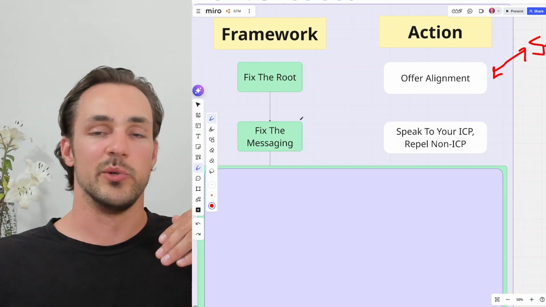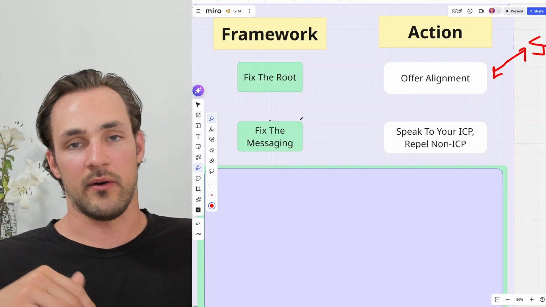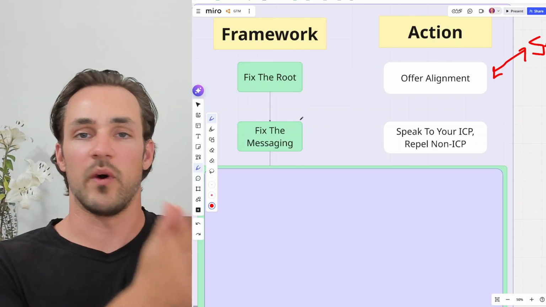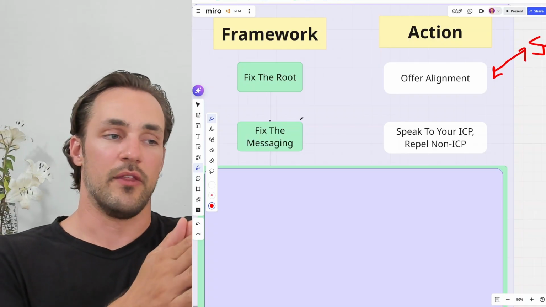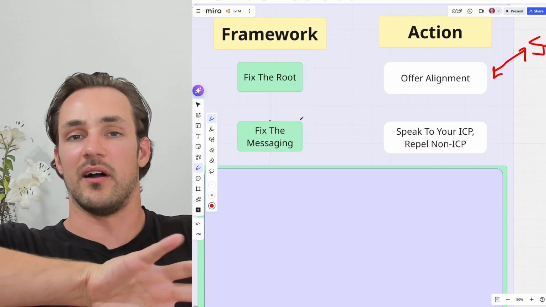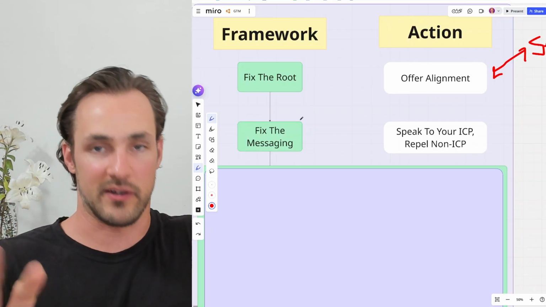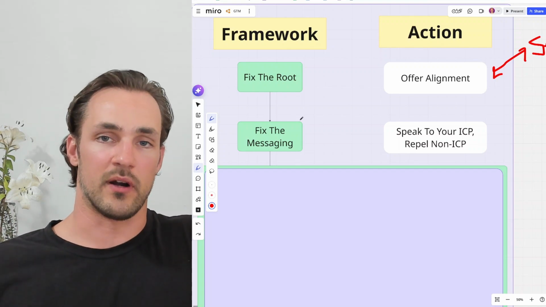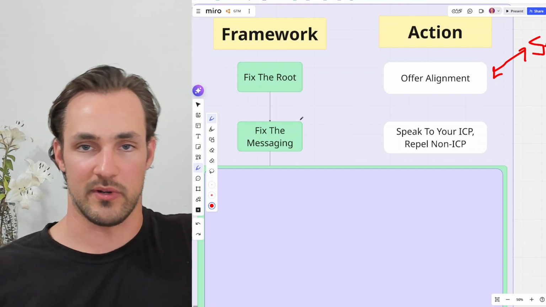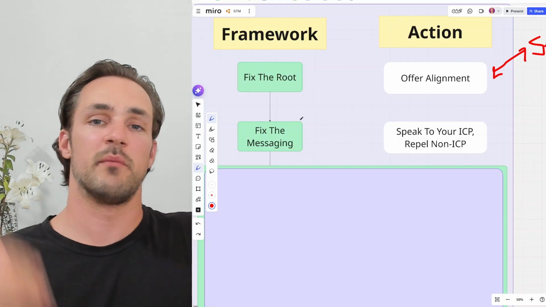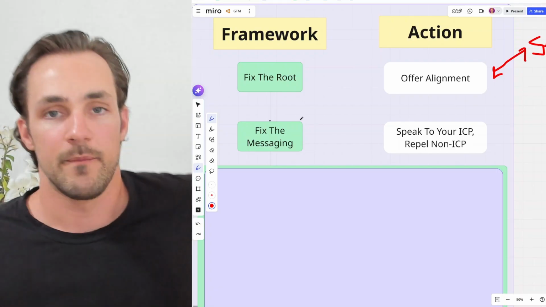It's counterintuitive because when you're thinking about your ideal customer and you know what they look like and you know what they want and what they care about, then you can also speak against your ICP. So you can repel those who are not your customer. This is not for business owners doing less than 200K. This is not for business owners who have been in business for less than a year, right?